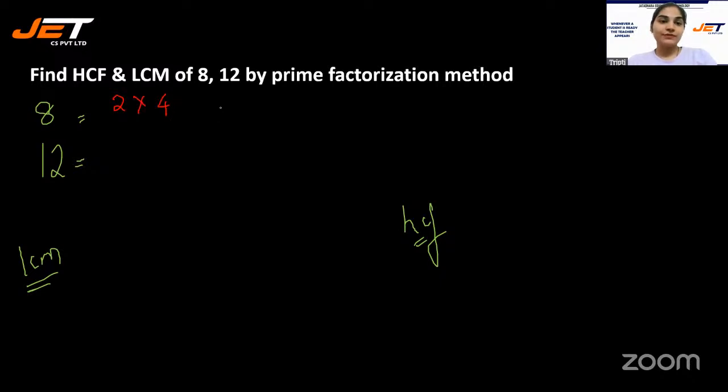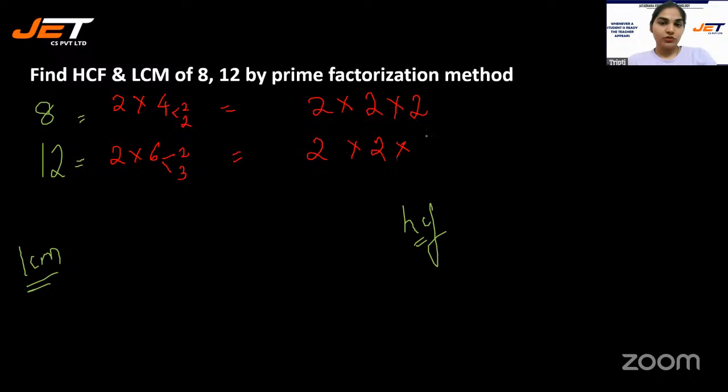You have to split this 4. So 4 is written as 2 times 2, right? And 2 times 6 is also 12. But no, we have to split it like 2 times 3, which is 6. So we write 2 times 2 times 3.